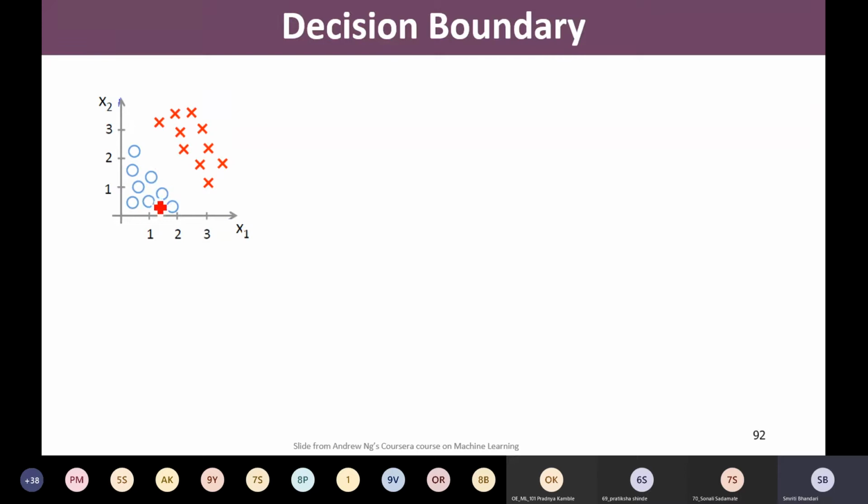So I may say that one class is class 0, another class is class 1. Okay, every sample is described with two features x1 and x2. So each sample is associated with some feature value x1 and some feature value x2. So these samples are described with two features x1 and x2.